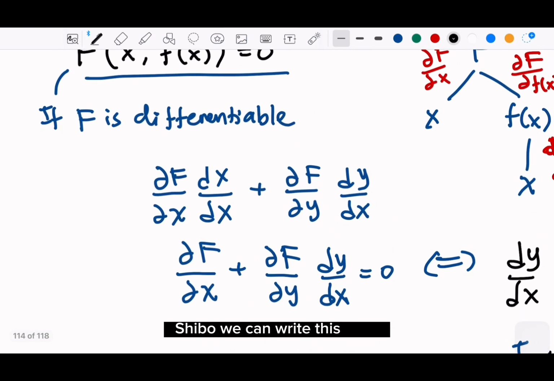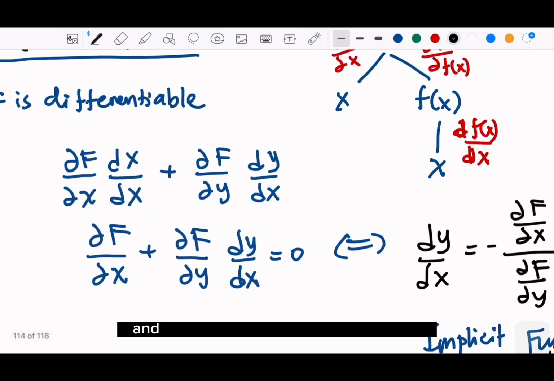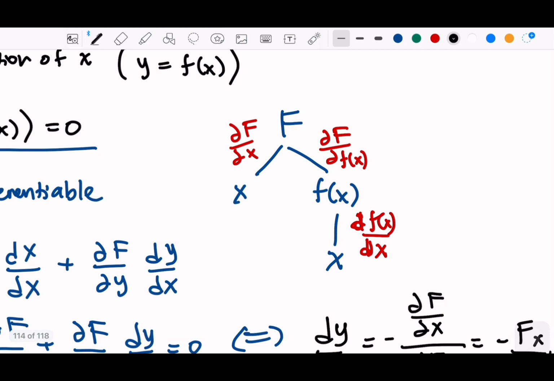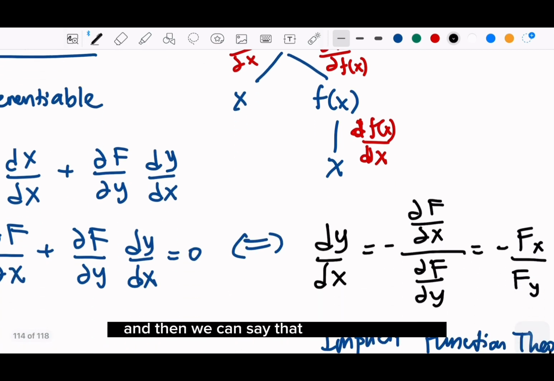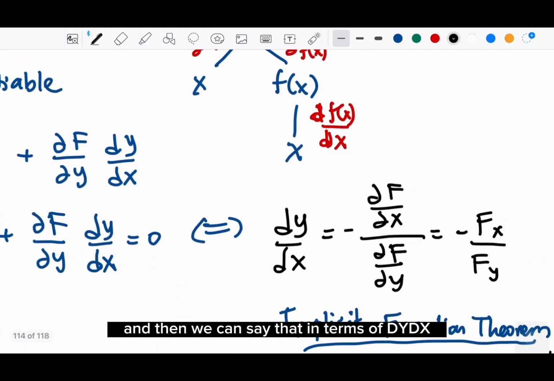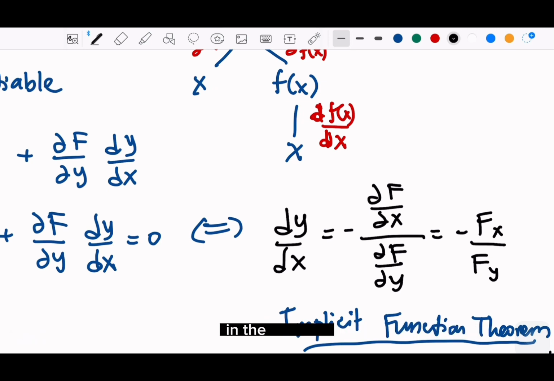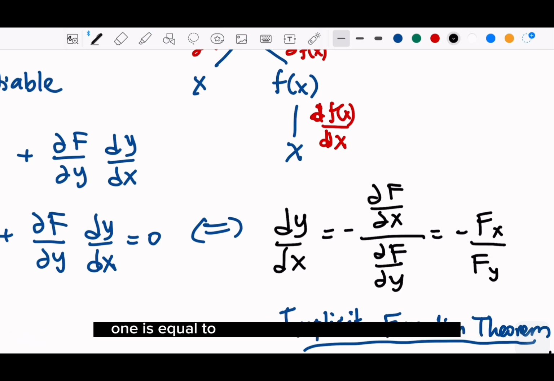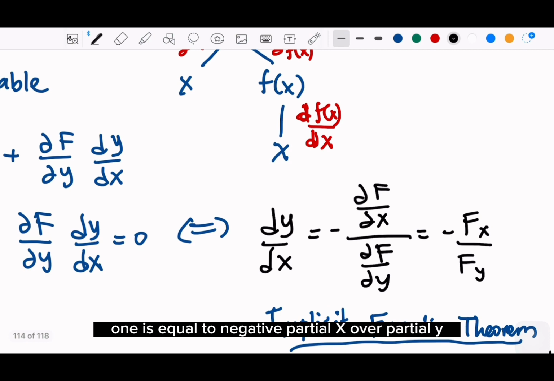We can write this, and of course this is going to be equal to 0 because of our definition here. And we can write the tree diagram. Then in terms of dy/dx, the one that we usually found in our implicit problems in calculus 1, it is equal to negative partial x over partial y, like that.